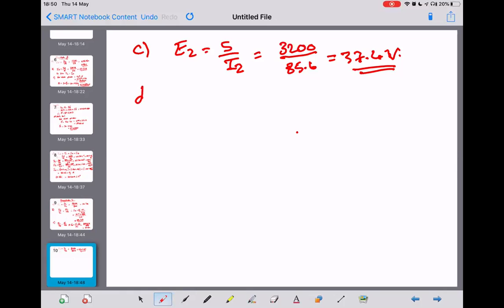D. So for D, I got ZL. I did that as E2 over I2, which is 37.5 over 85.6, and that gave me 0.438 ohms.